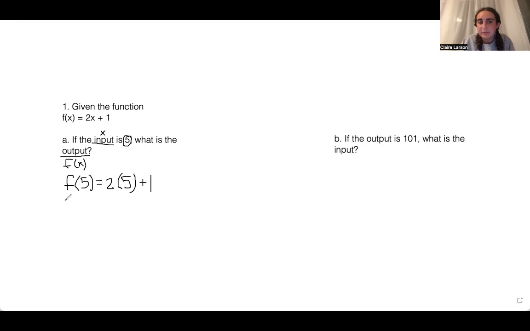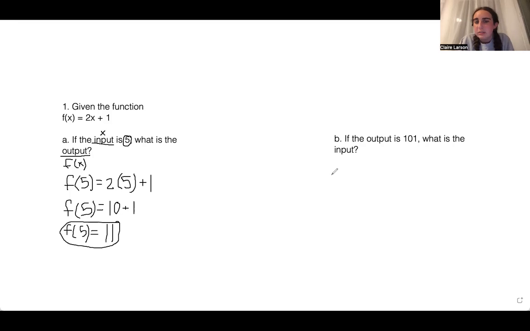Now we simplify: we keep writing f of 5, and 2 times 5 equals 10, plus 1. Then we keep simplifying, and we get our answer, which is f of 5 equals 11. Awesome.